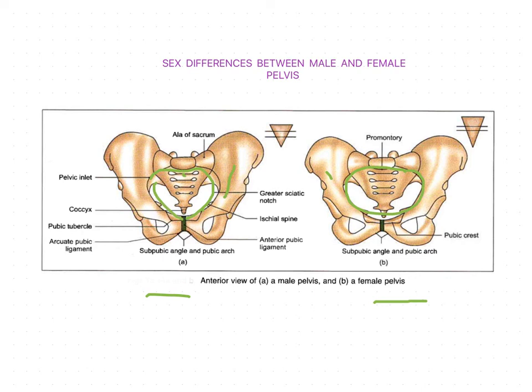The pelvic cavity is smaller and also deeper in male. In the case of female, it is roomier and shallower, that is, the distance between inlet and outlet is shorter.